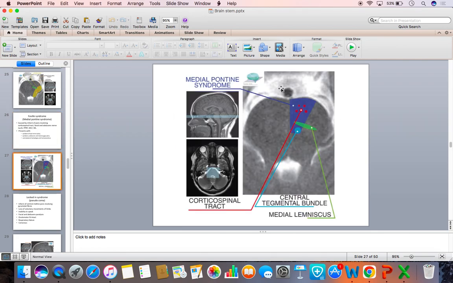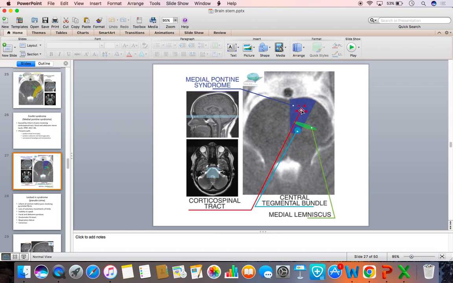Then this is the picture of the medial pontine syndrome, otherwise called Foville's syndrome. So you see the infarcted area. It is located more medially, involving the pyramidal fibers, the PPRF, the 6th nerve nucleus, the 7th nerve, and the medial lemniscus.